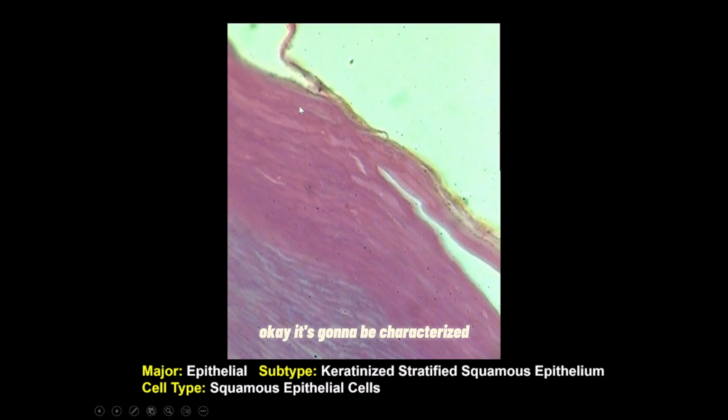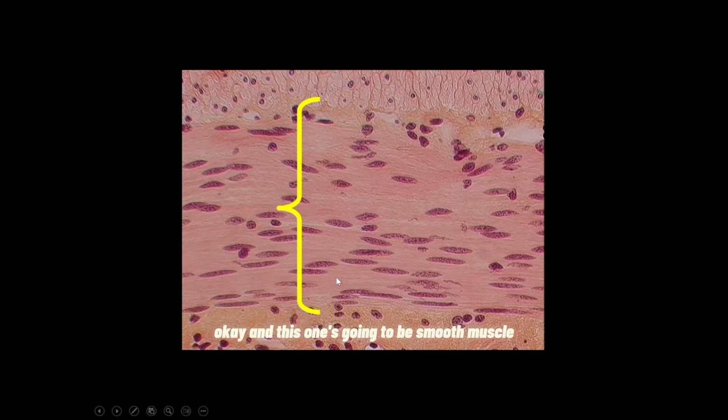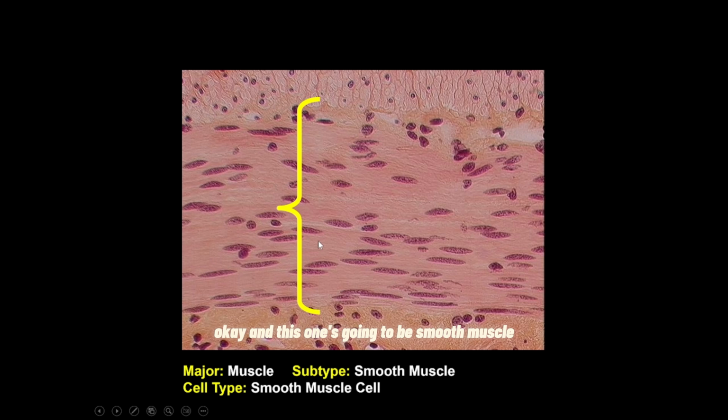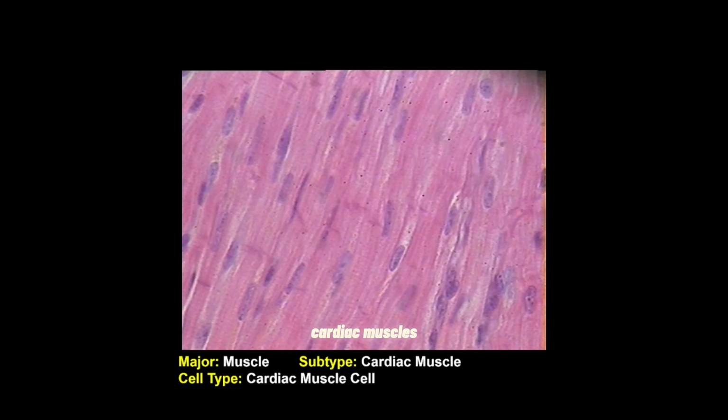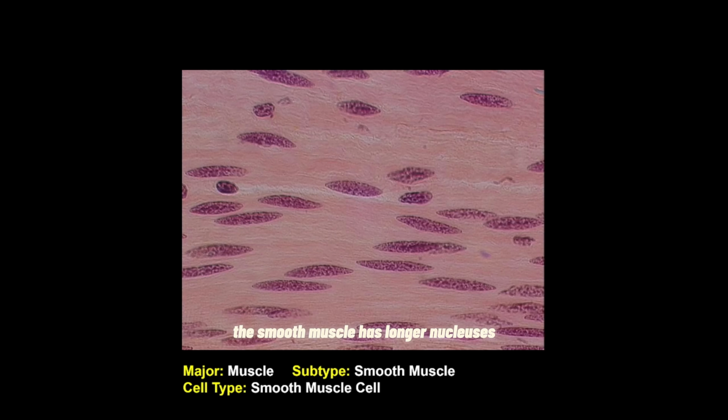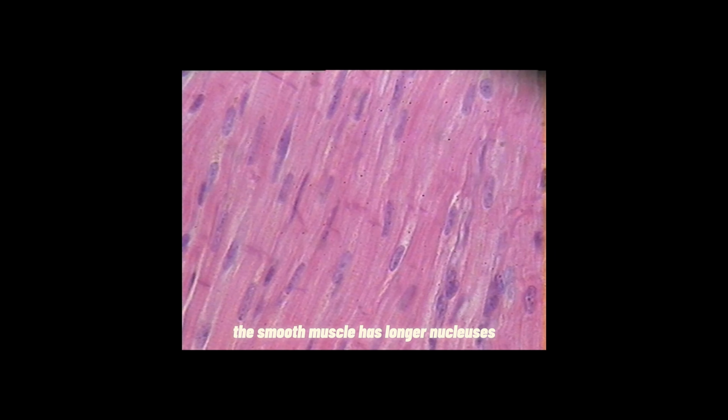Okay, this is going to be keratinized stratified squamous epithelium. Okay, and this one's going to be smooth muscle. Another smooth muscle just zoomed in. A cardiac muscle. See how those are kind of similar? The smooth muscle has longer nucleuses.